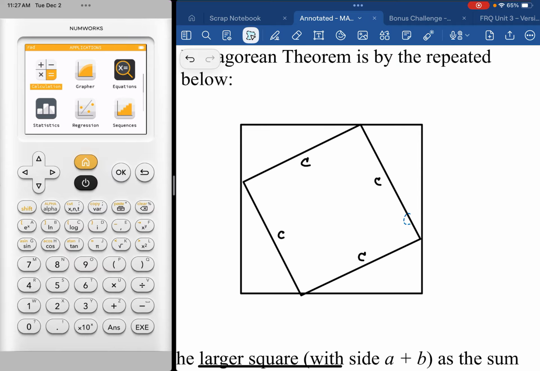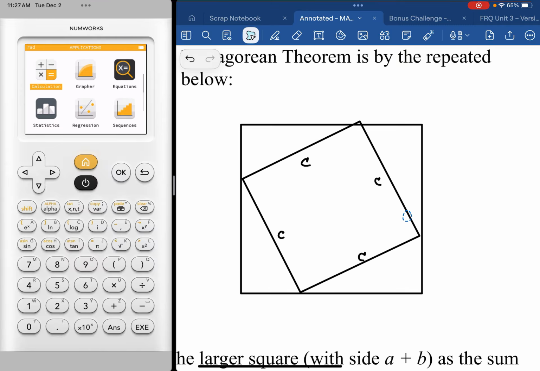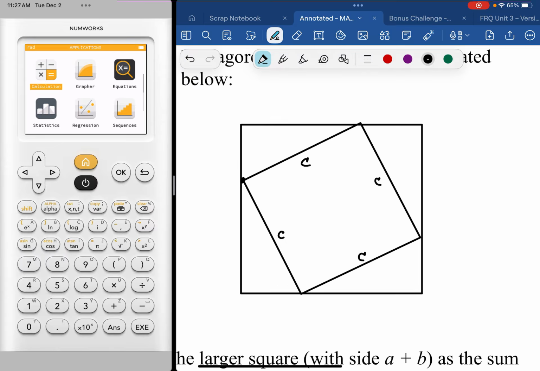I might have to move the square a smidge. That's probably the best I'm going to get. So just darken this in. All right, so we'd have 4 congruent right triangles.